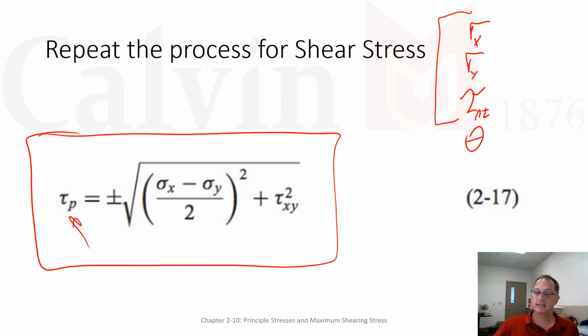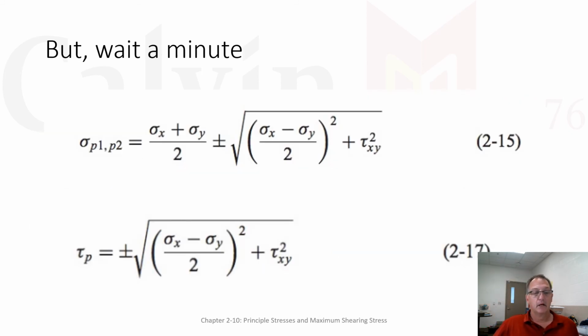What's the next slide? Here we've got a slide which is giving us equations 215 and 217. Now, these equations are the principal stresses, the principal normal stress, and the principal shear stress.